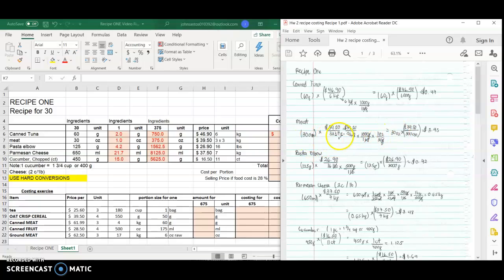I multiplied the 9 kilograms by 1,000 grams, divided by 30 grams, because 1 ounce is equal to 30 grams. Again, we're looking for the same unit, which is ounces, and we end up with the answer of $3.95.